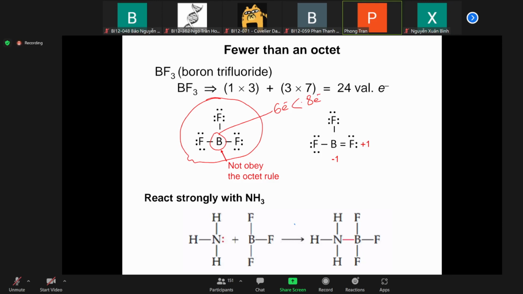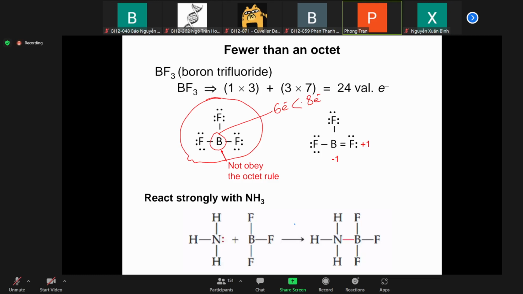Boron has a lower number of valence electrons compared with the octet rule, so it will have a tendency to receive electrons. When it receives electrons, that means it will react as a Lewis acid. That's why BF3 reacts strongly with ammonia, because ammonia is a Lewis base.